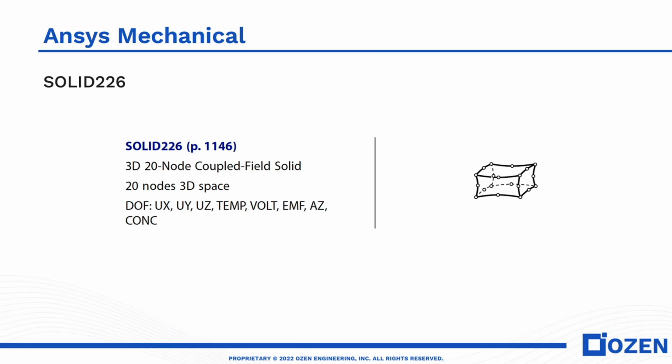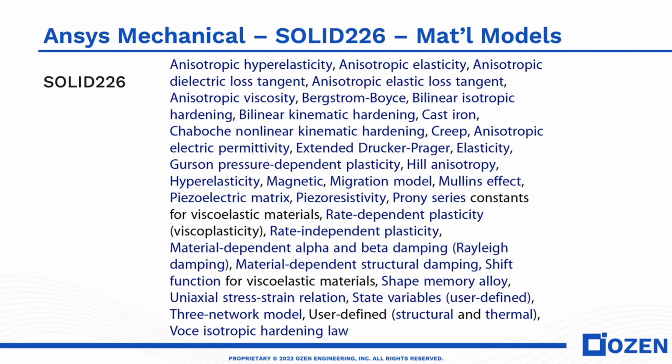So in Ansys Mechanical, you can actually use the SOLID226 element. SOLID226 element, as you see, has multiple degrees of freedom: structural, temperature, volt, current density, and concentration. So you can use SOLID226 elements in 3D.